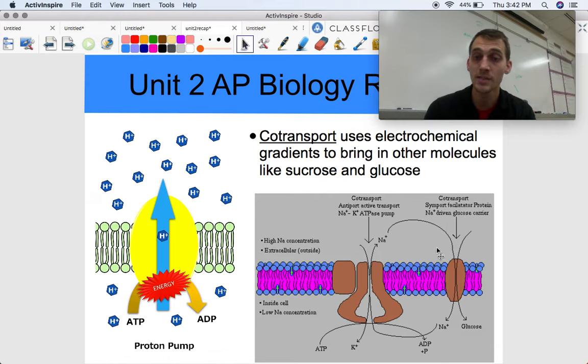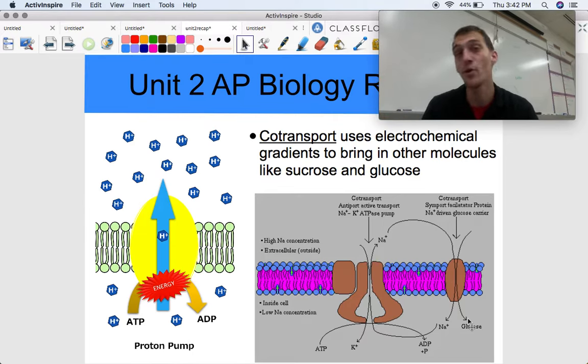And this symporter is like, okay, sodium, if you want to get back into the cell, you've got to bring glucose with you. I use this metaphor with my class: if you want to get back into the club, you've got to bring a friend. So if the sodium wants to get back in, it has to bring in glucose, and that's a way for a cell to bring in glucose, which is super important, right?